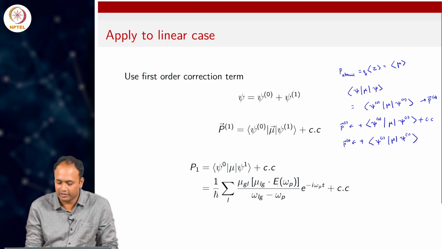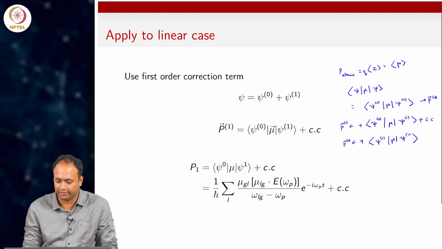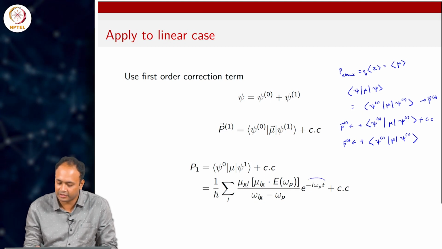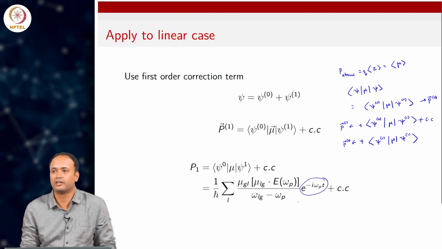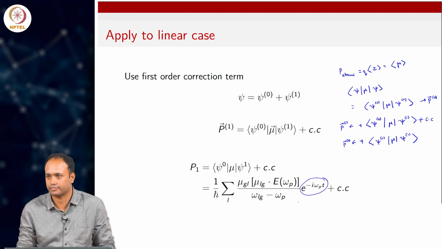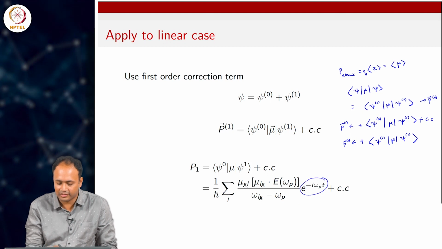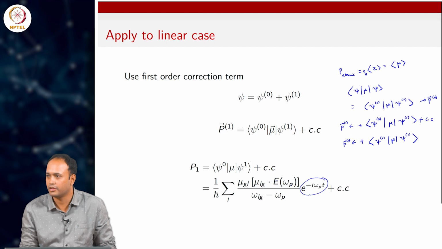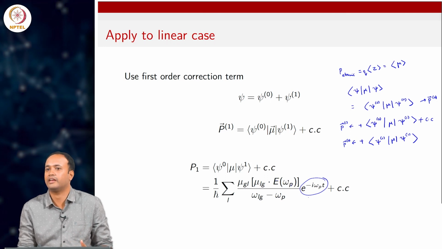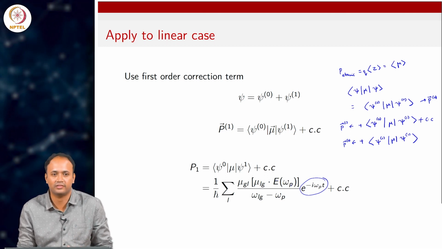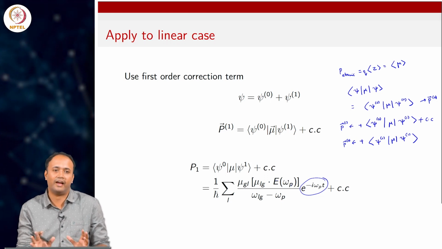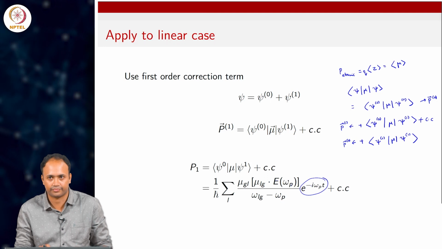There is a dependence on the field strength, that is the electric field. There is something in the denominator, and overall the polarization oscillates at the driving pump frequency. All this does not have any time dependence, this is the only thing where you have the time dependence. So, your polarization is basically oscillating at the same frequency as the original driving frequency. So, therefore, you do not have any harmonics in the linear case, right.